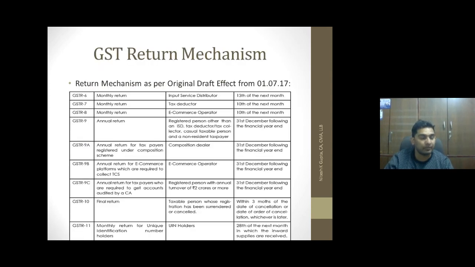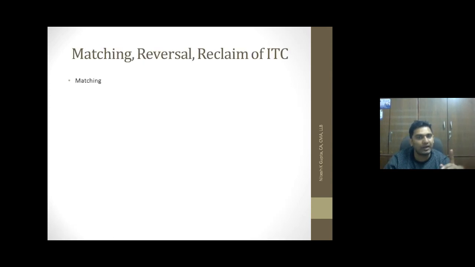Now, before I start this matching, let me tell you the process which we are studying in the next 2-3 slides is a theoretical process. Practically, this process is not followed. This is just because it's in your books, it's in your syllabus, we are reading it, we are studying it.